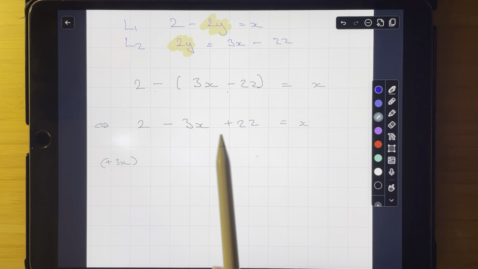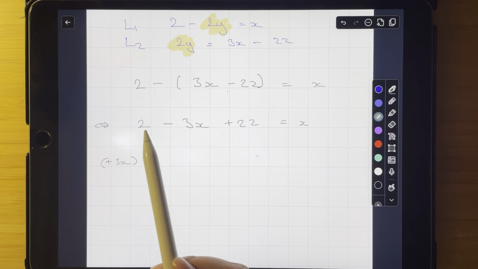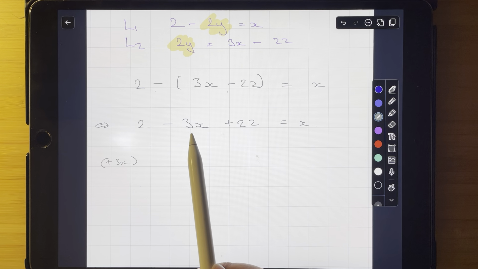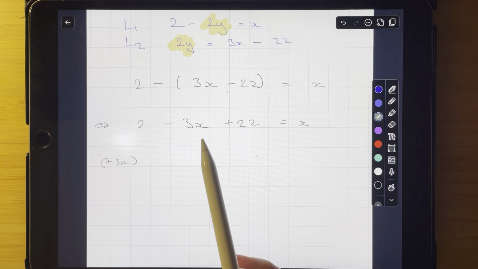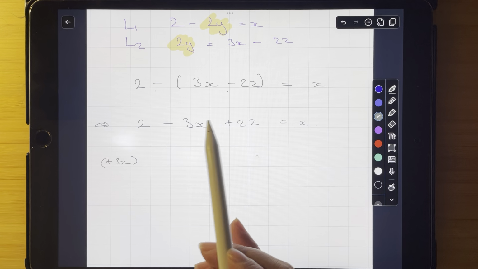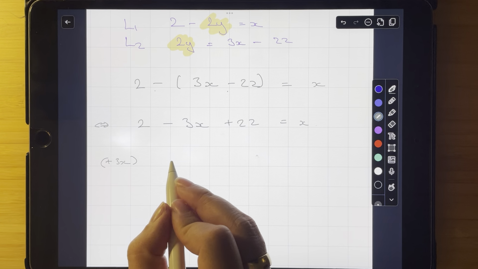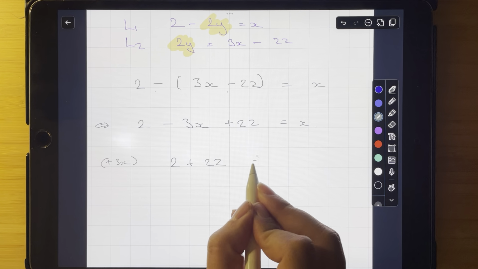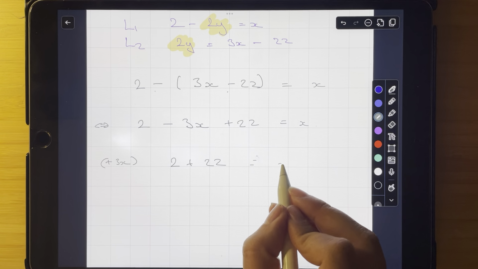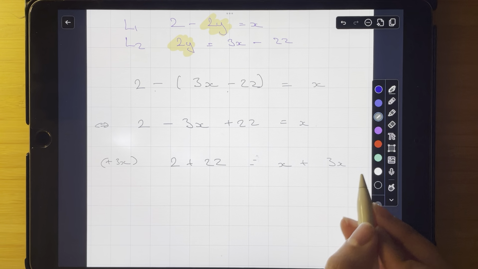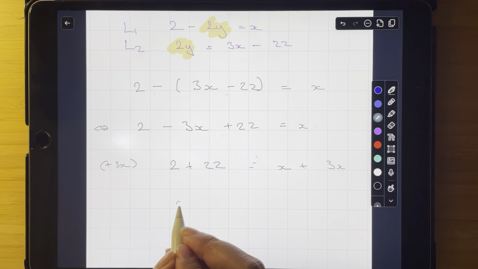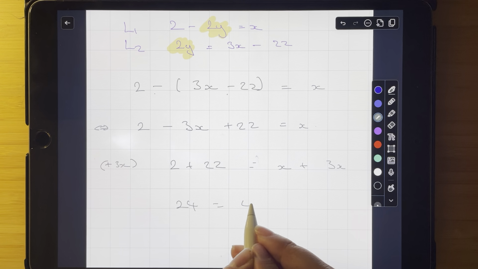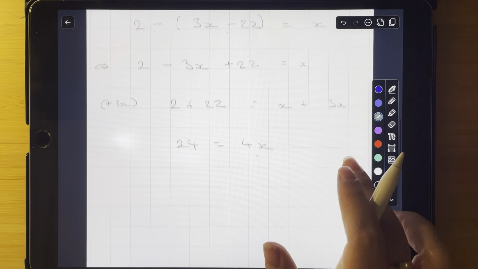On the left hand side, it's going to be 2 minus negative 3x plus 22 plus 3x. And so this will cancel out, just leaving us 2 plus 22 equals x plus 3x, which is the same as 24 equals 4x. Perfect.